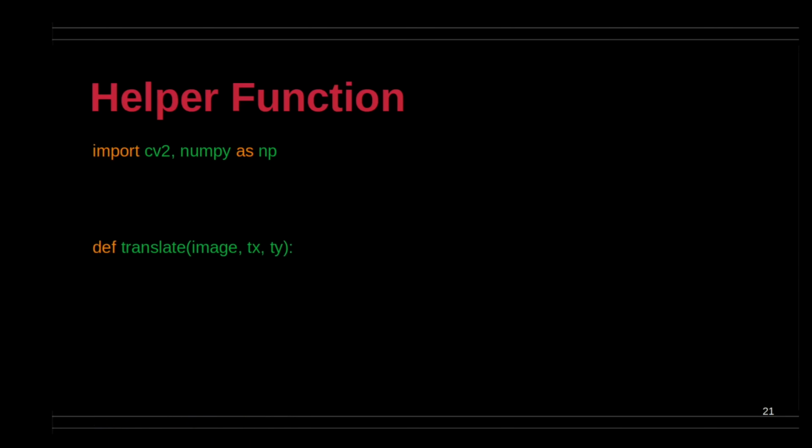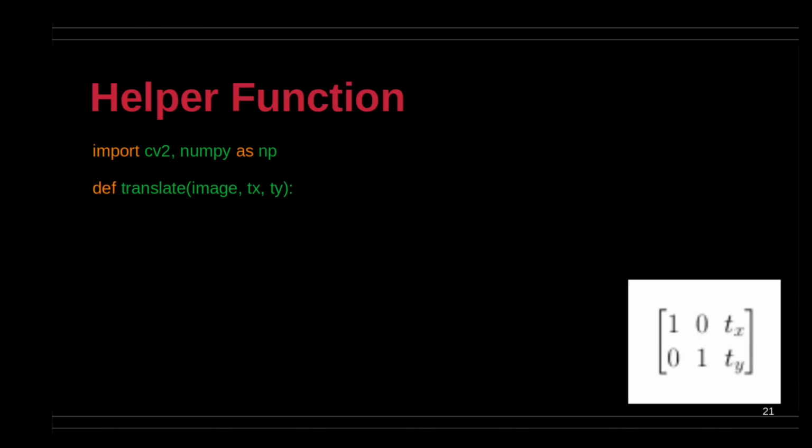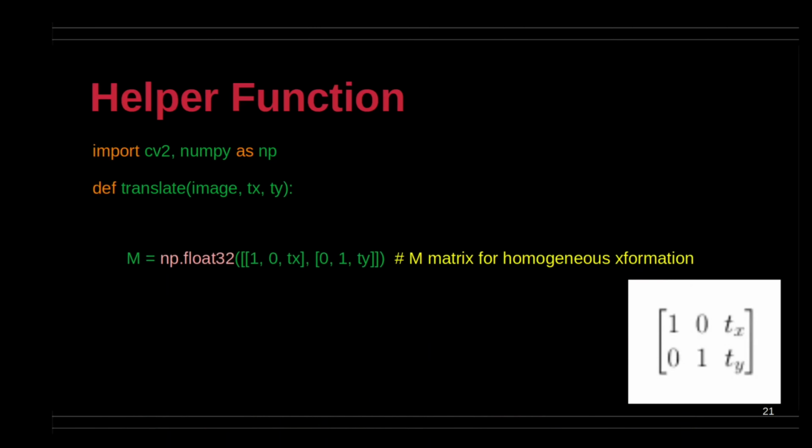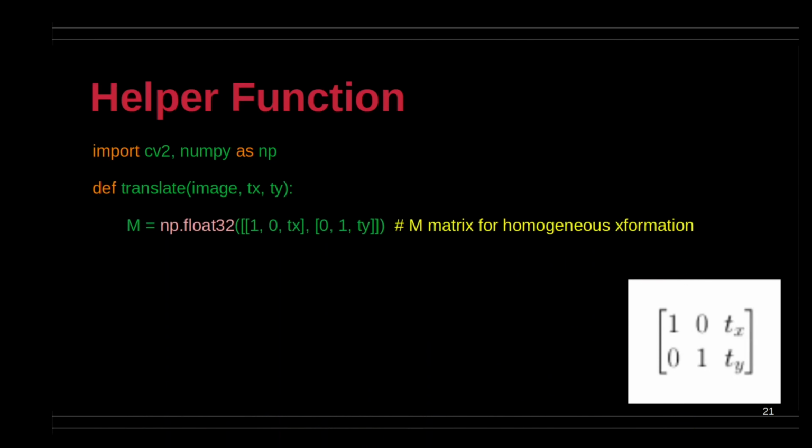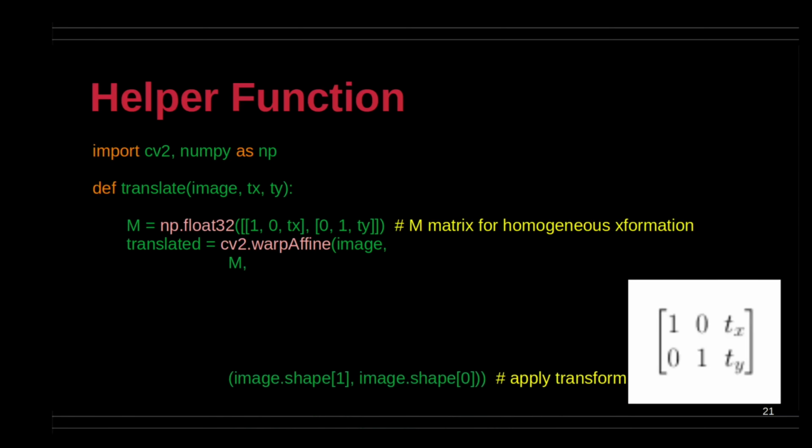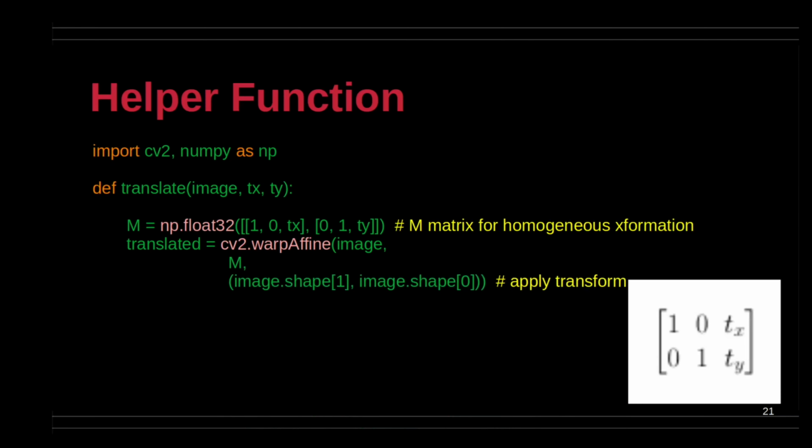Since we need only tx and ty to be applied to the image, we do not encumber the mainline code with setting up the homogeneous transformation matrix, where the warpAffine method is invoked. We simply pass three parameters to the helper function: the image to be translated along the axial directions, and the two corresponding movement values as tx and ty.